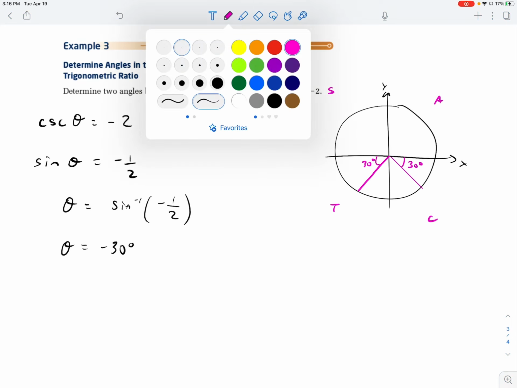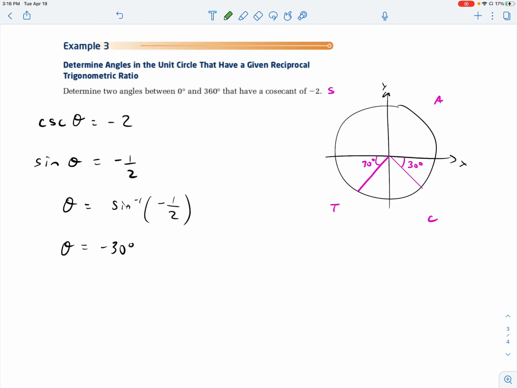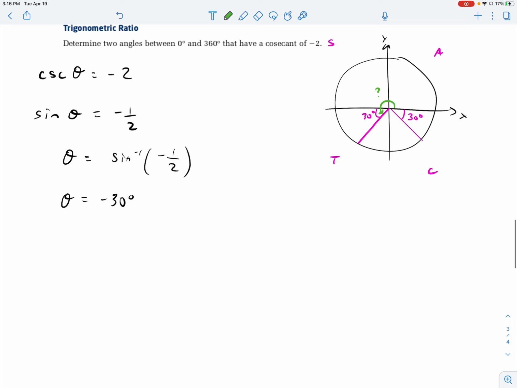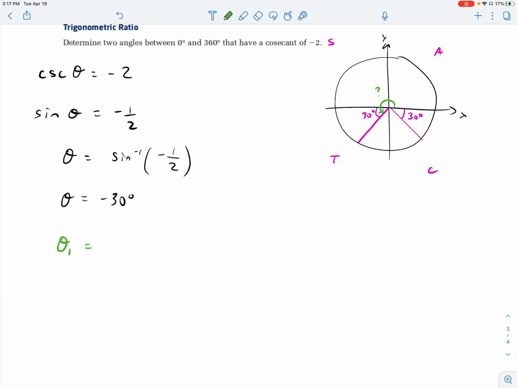I want my angles in standard position, which means they need to be measured from the x-axis to the terminal arm. So my first one, theta 1, is equal to 180 plus that extra 30 degrees. So 210.